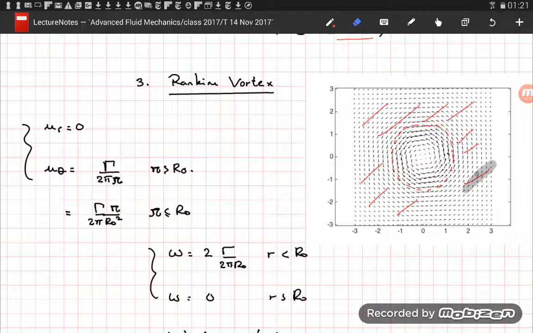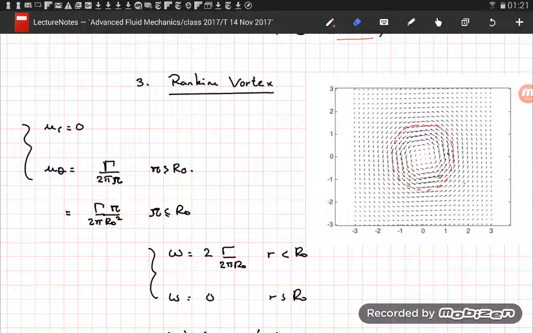So far away, the vorticity is equal to 0, but when you get closer to the origin, you don't model the flow as an irrotational vortex. Instead, you model the flow as a solid body rotation, and you see it here on the velocity field: as you move away from the origin, the velocity increases linearly with r, the distance to the origin.